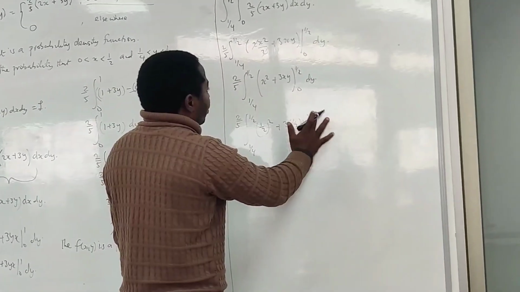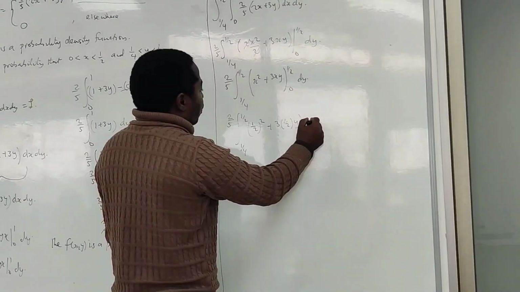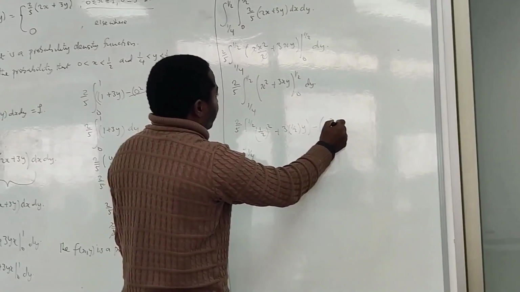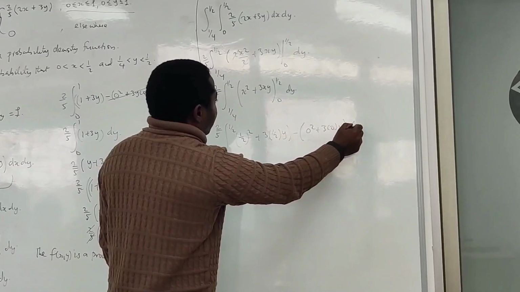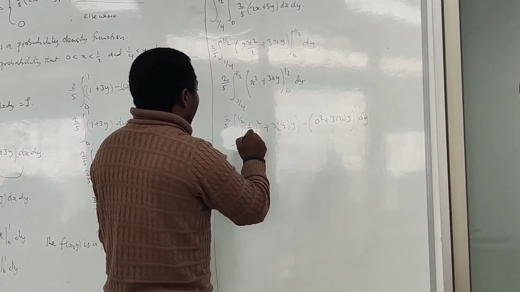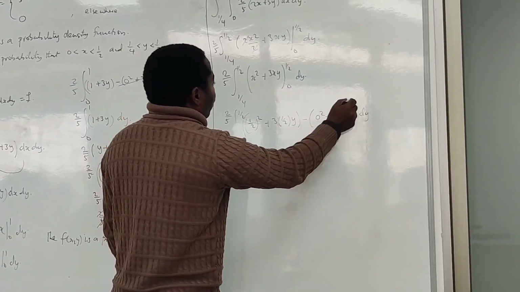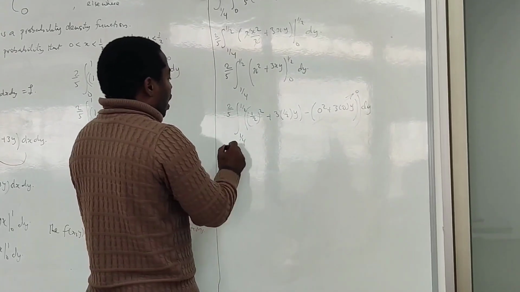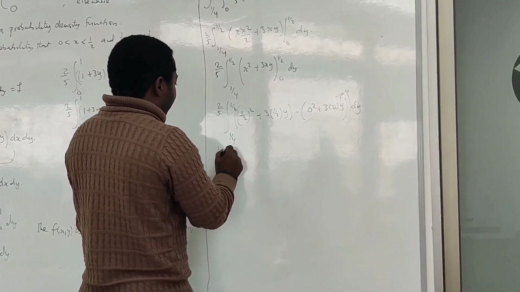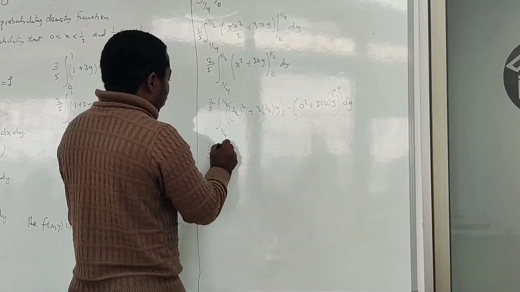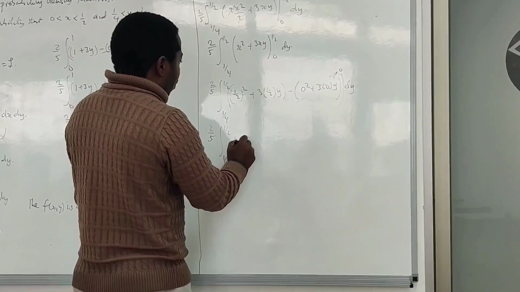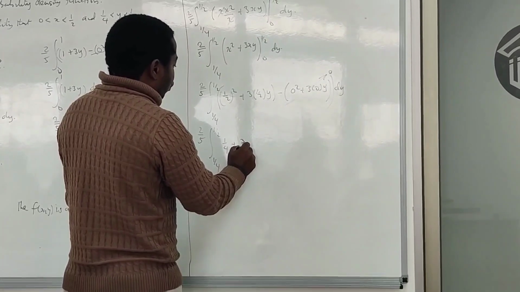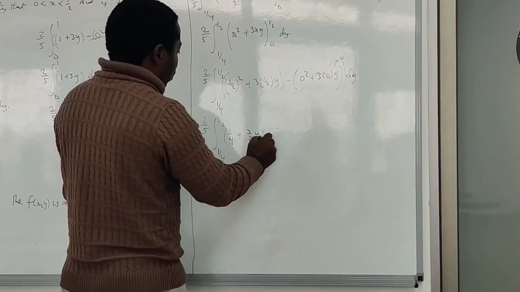Then we substitute the lower limit of integration, we have 0 squared plus 3 times 0 times y, dy. You will agree with me that this part of the equation goes to 0, and we are left with 2 over 5 into the integral from 1 over 4 to 1 over 2 of 1 over 4 plus 3 over 2 y, dy.